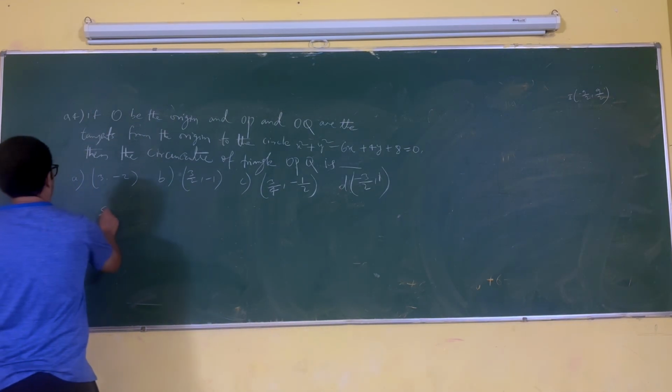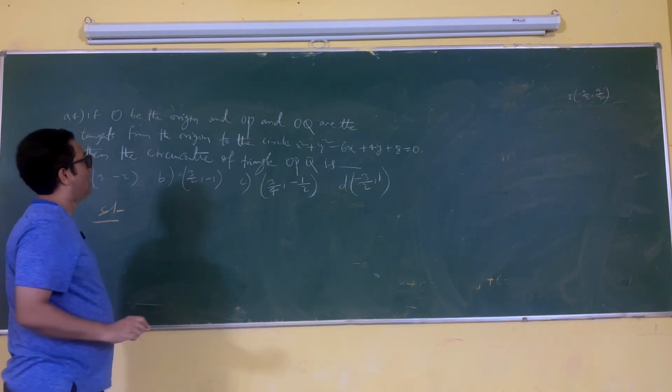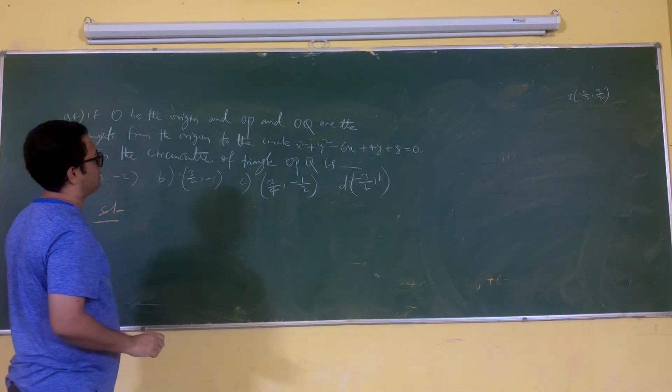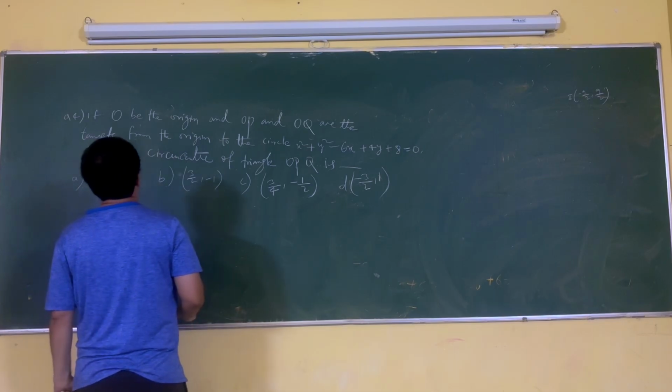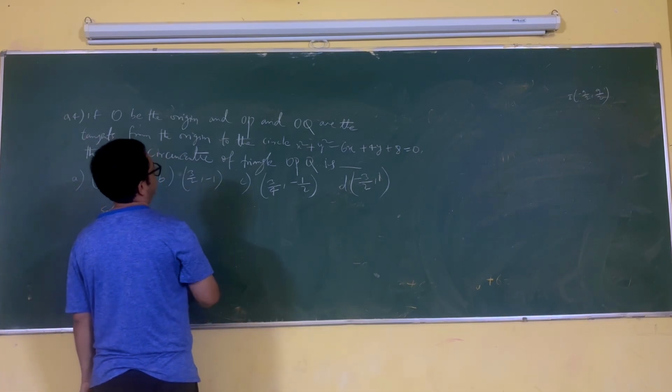O be the origin, and OP and OQ are tangents from the origin to the circle. So then the circumcenter of the triangle OPQ.